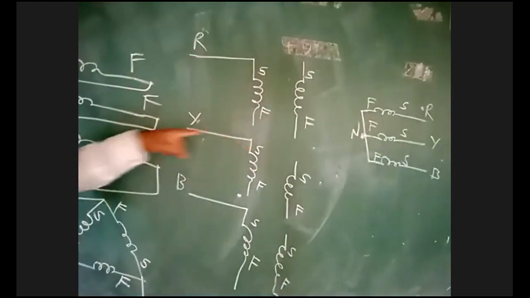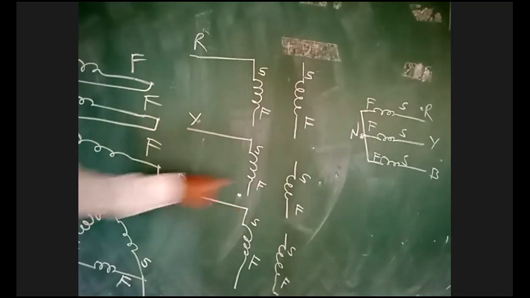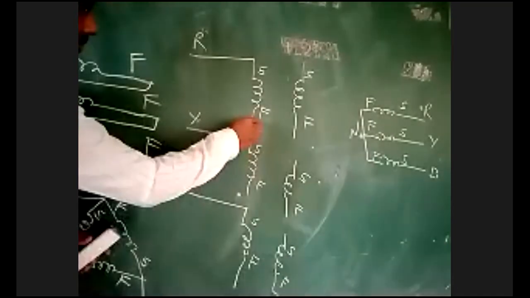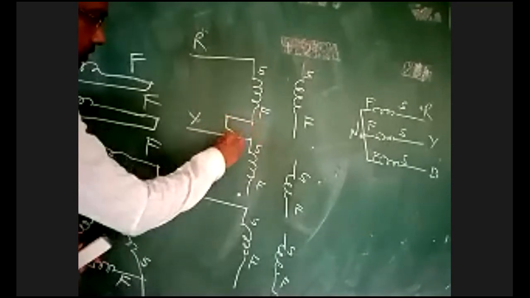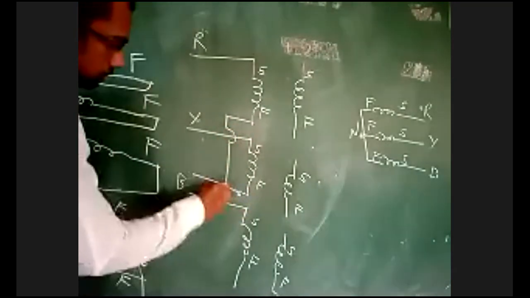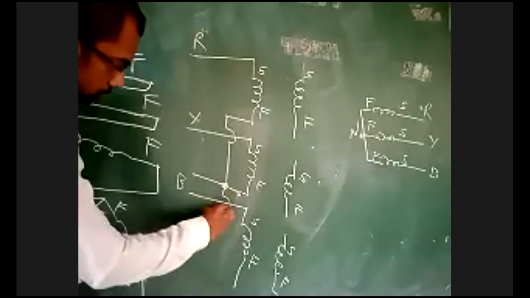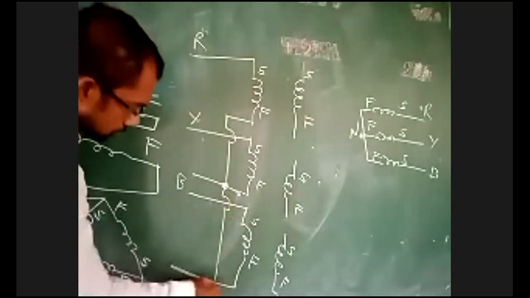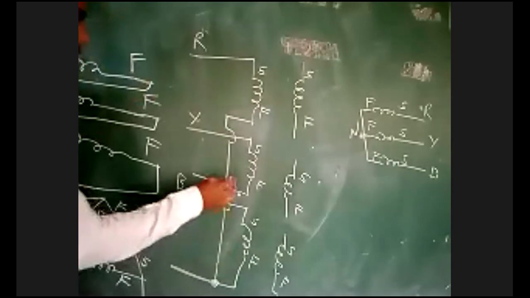Now see here, the starting point is connected to R phase, the starting point is connected to Y phase, the starting point is connected to B phase. All the finishing points are connected to one common point.